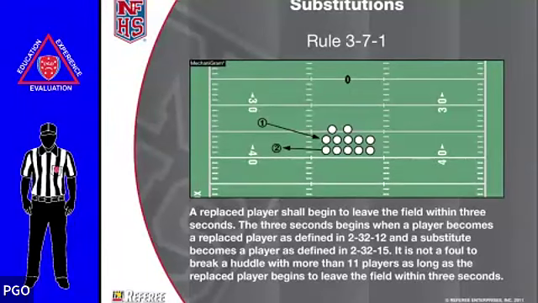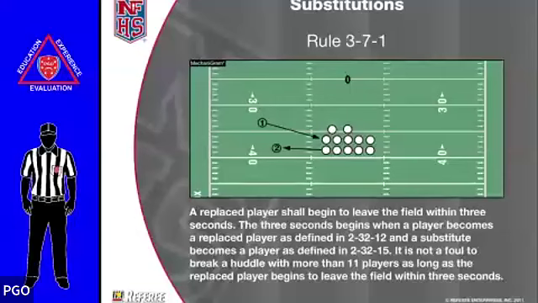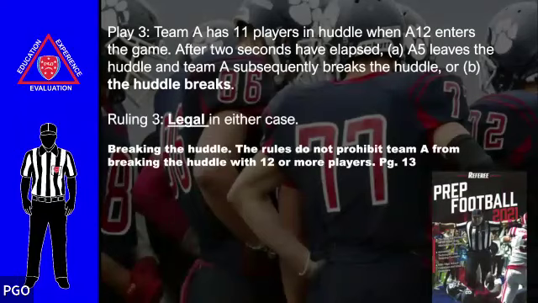If the player stops and stays on the field, then you can have an illegal substitution because it's been more than 3 seconds and the player hasn't left the field yet. But this makes you understand there is no foul for breaking the huddle with 12. Okay? That's a college thing, NFL thing. It's not high school. All right, and this right here gives a case play of that same thing on either case.